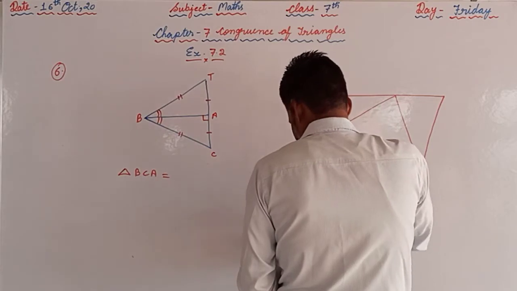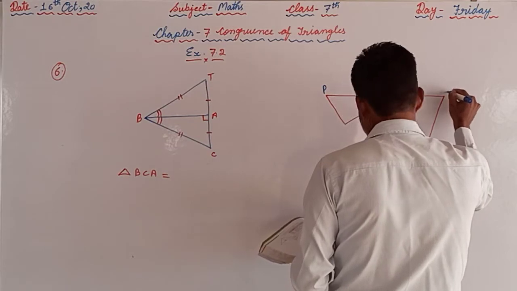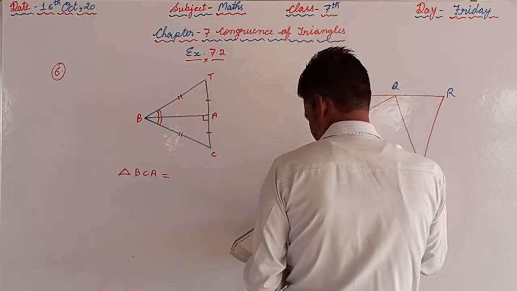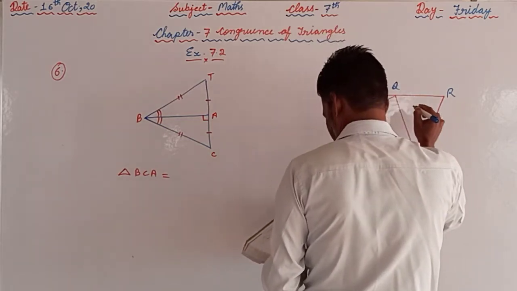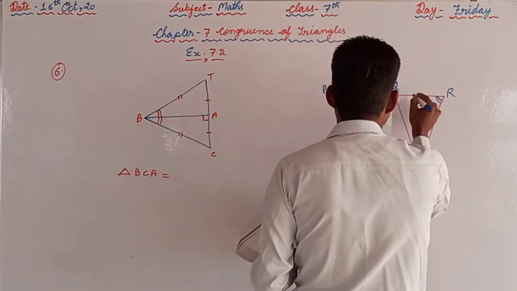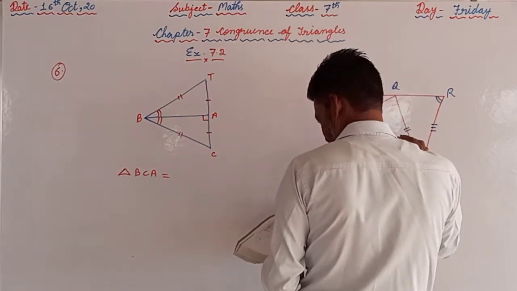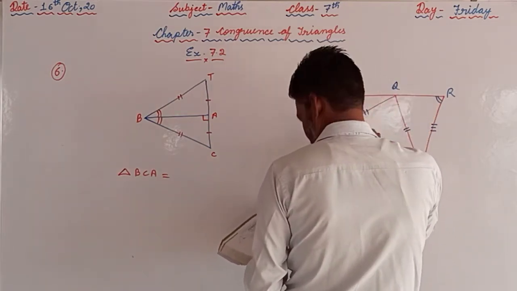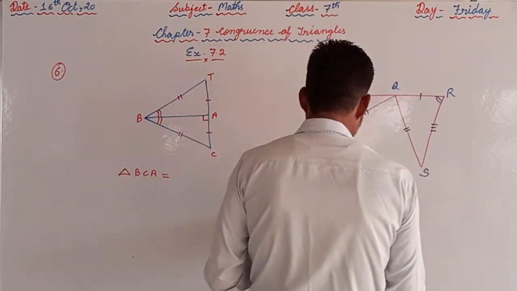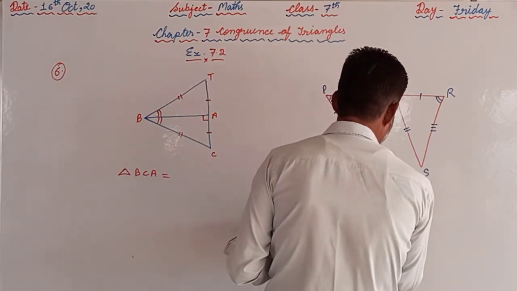The naming has been done, that is P, Q and R, here T and here S, and it is given that angle P is equal to angle R, and this side is equal to this side, and this side is equal to this side, and the remaining side is equal to that. So we are supposed to complete the statement, triangle QRS.